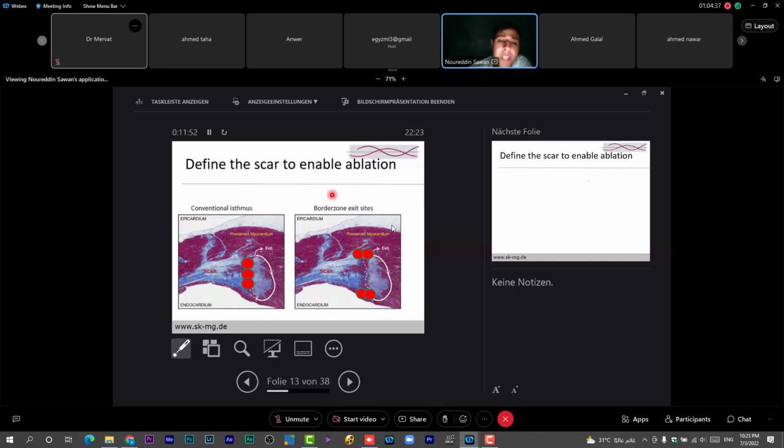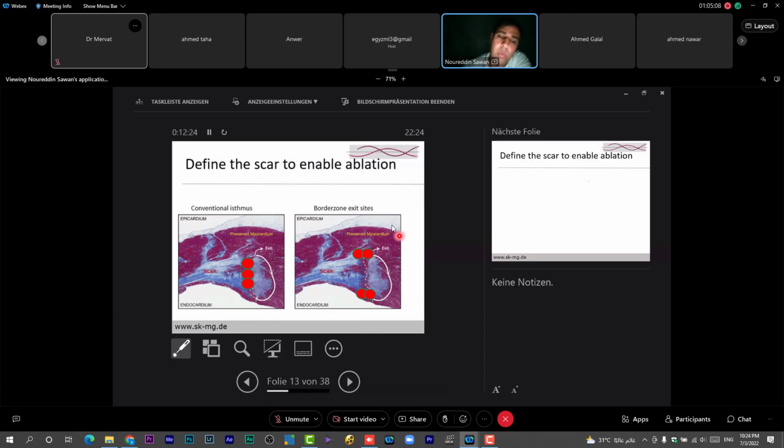Or we try to identify where the border zone exit sites are, and we ablate those. This strategy has a lot of names, depending on the author. In many cases it is called border zone exit site ablation, or channeling, or ablation of channels.